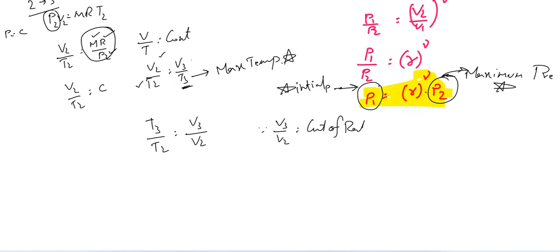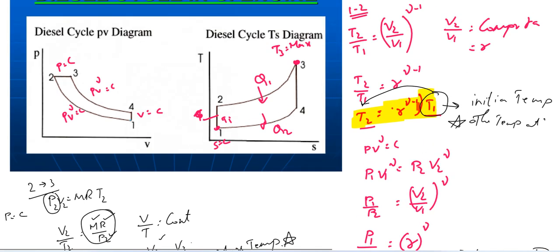What is the cutoff ratio? See, it is V3, and here it will be V2. V3 divided by V2, which we call the cutoff ratio.